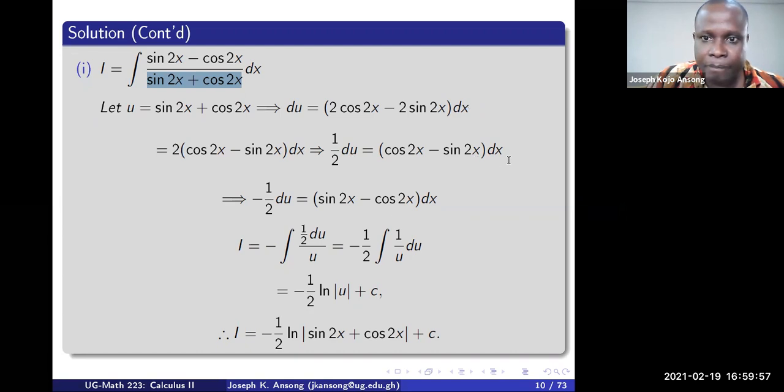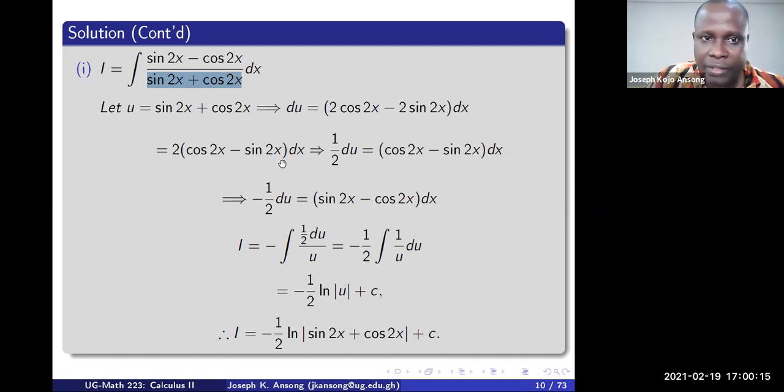So basically, this part is almost there. We are almost getting this, but they are reversed, right? This is a negative of that, so I have to negate both sides. And so I get negative 1 over 2 du is sine 2x minus cosine of 2x dx.